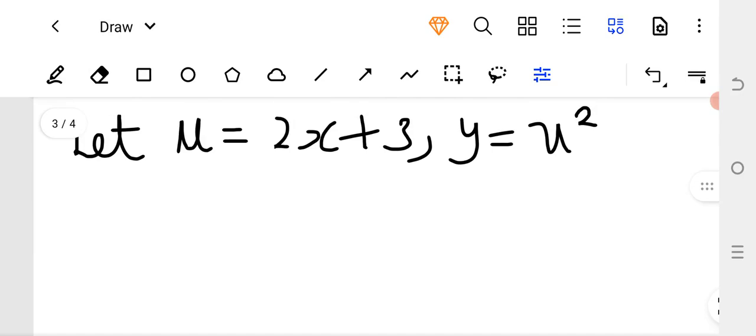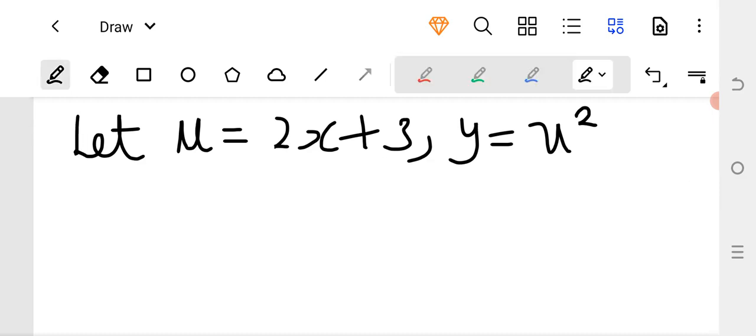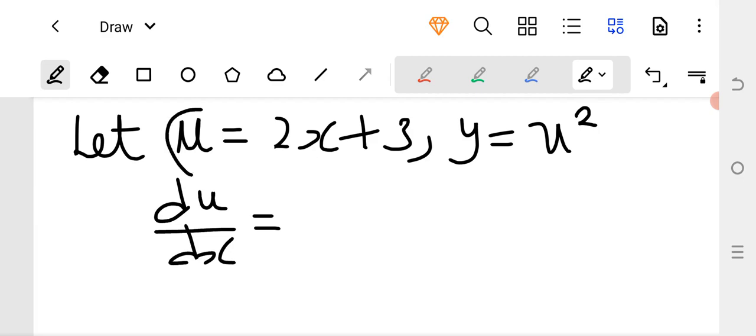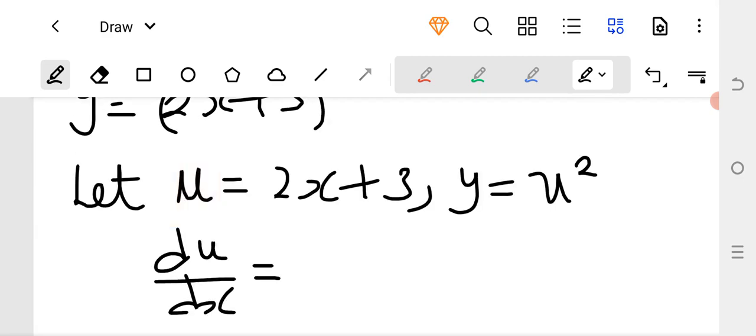Then we just differentiate the two new functions. We say du/dx is equal to, since I'm using du/dx, it means I'm differentiating the function in u, and the variable is x.